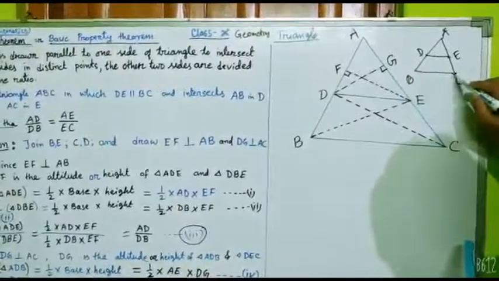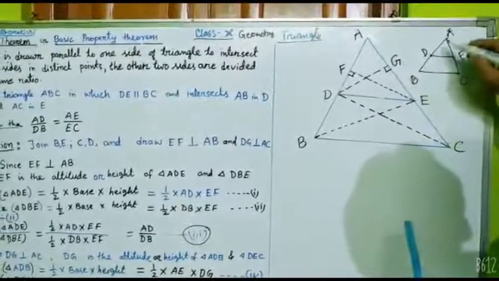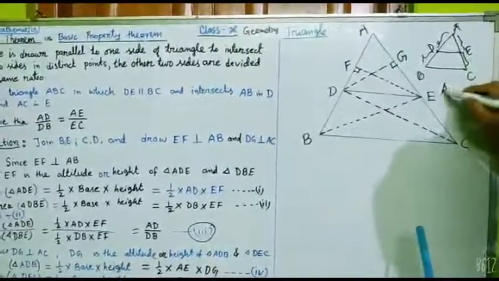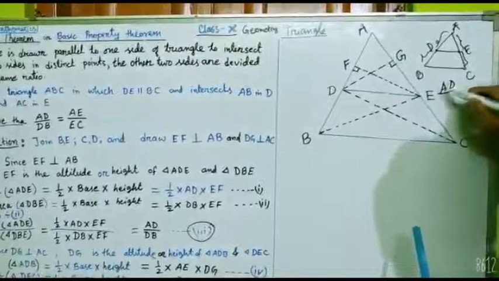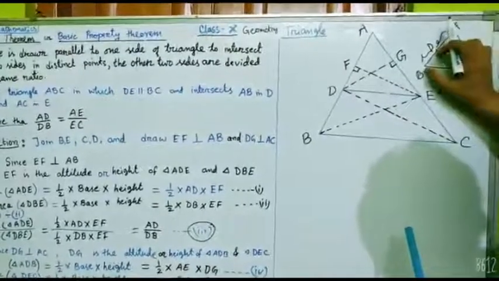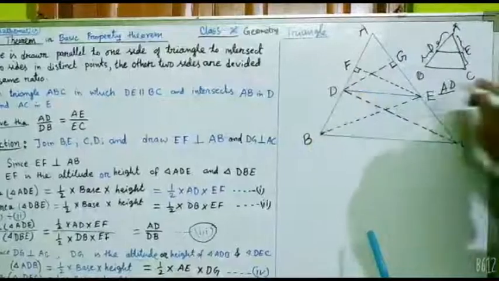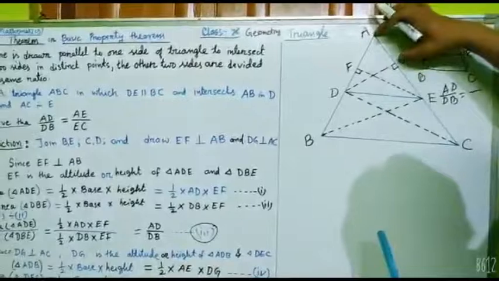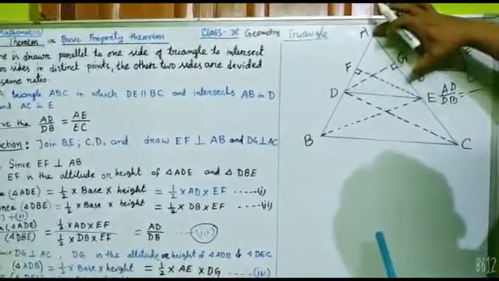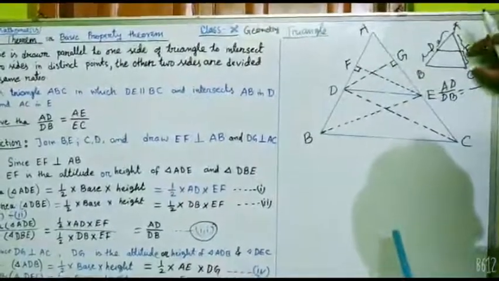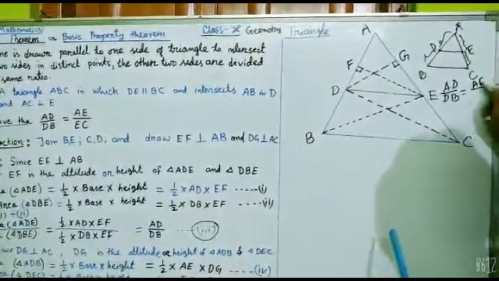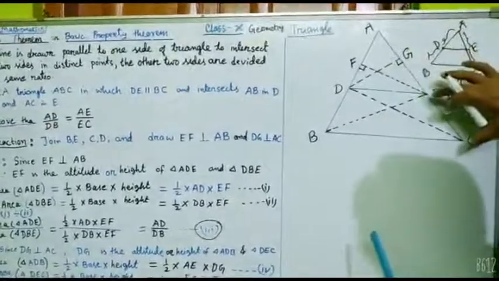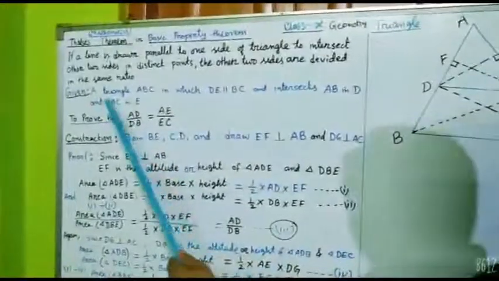Then we have to prove that this part by this part is equal to this part by this part, that is, AD by DB equals AE by EC. To prove that AD by DB is equal to AE by EC.